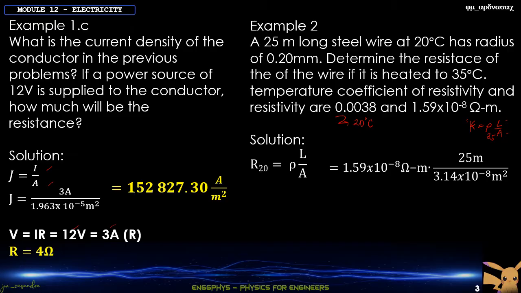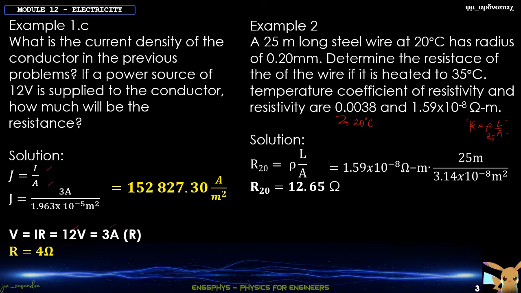We multiply it by the length, which is 25, over the area, which is 3.14 times 10 raised to negative 8. Please do not ask me anymore how I got this. You're given a radius, so the area is a circle, and you can compute the area directly. With this, we now have our resistance at 20 degrees, which is 12.65 ohms.